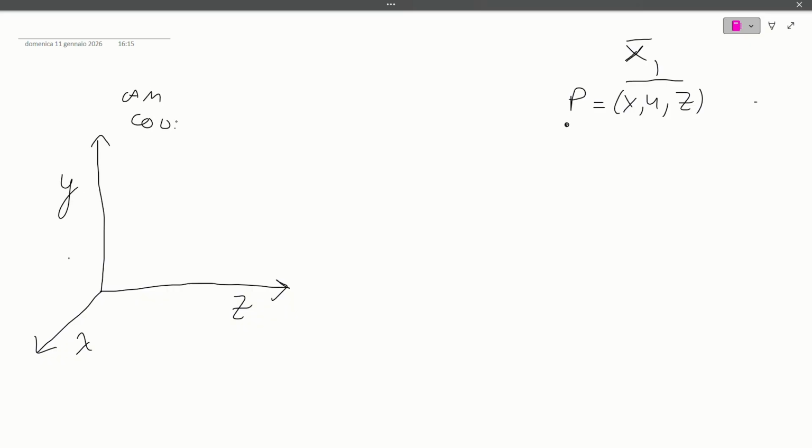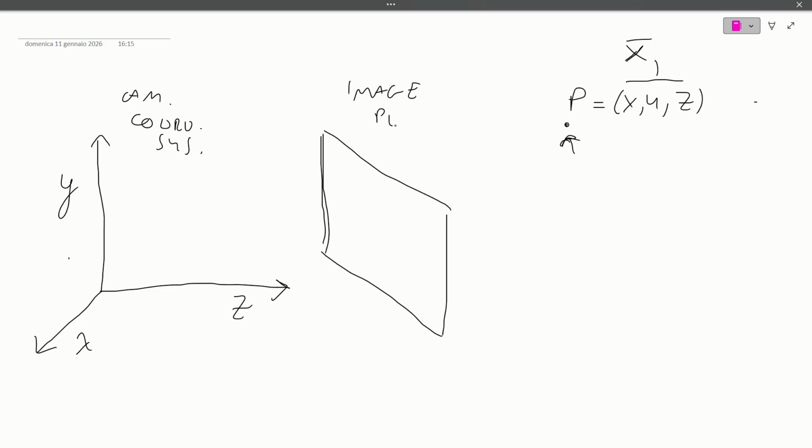And here there is the image plane. This is like a theoretical plane. We cannot see it. This is a real point. We can see it, we can put an object there. But the plane here is just a theoretical plane, the image plane.